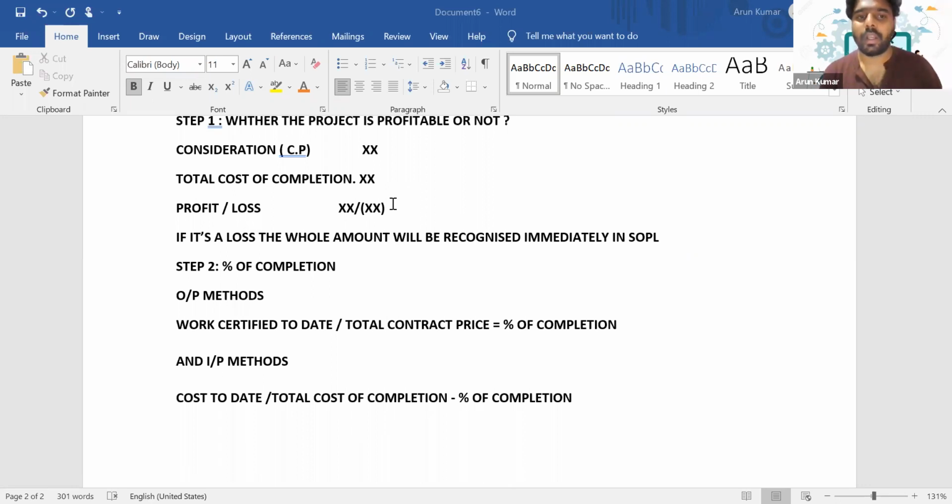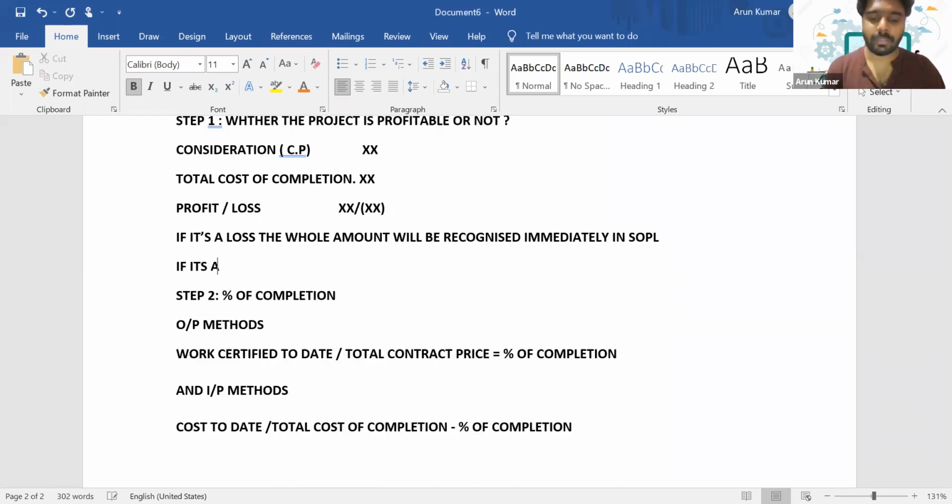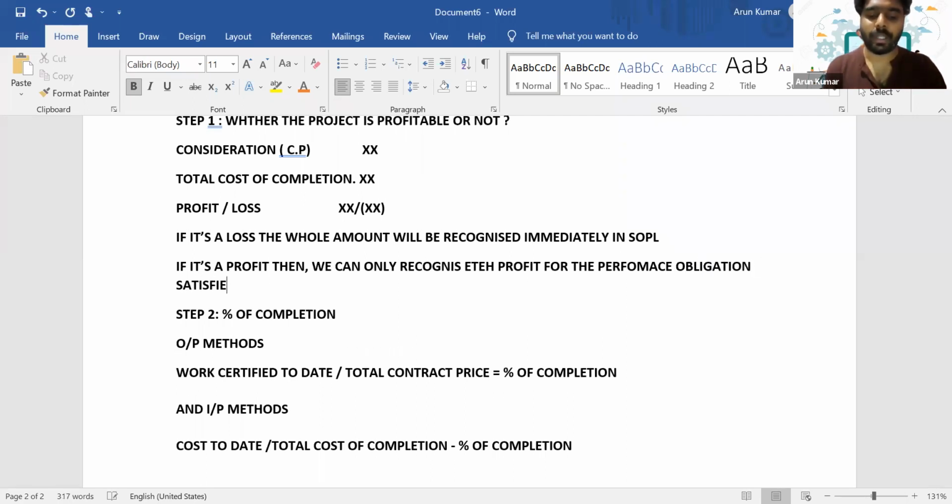Yes. But if it's a profit, then we can only recognize the profit for the performance obligation satisfied till date.